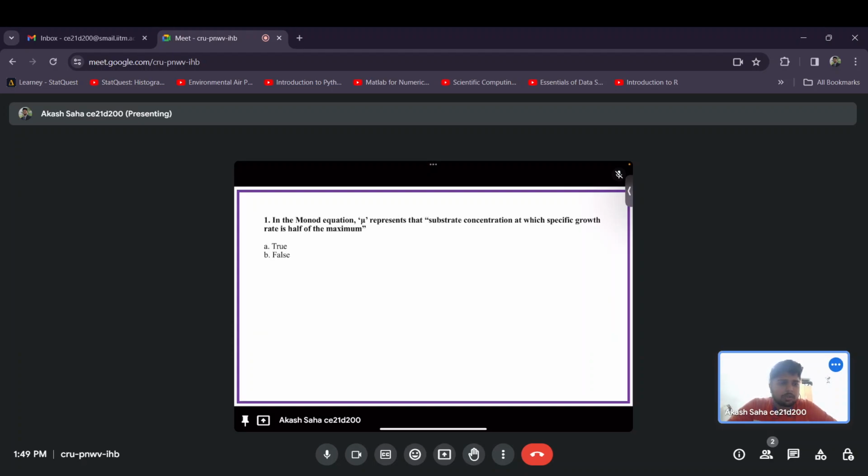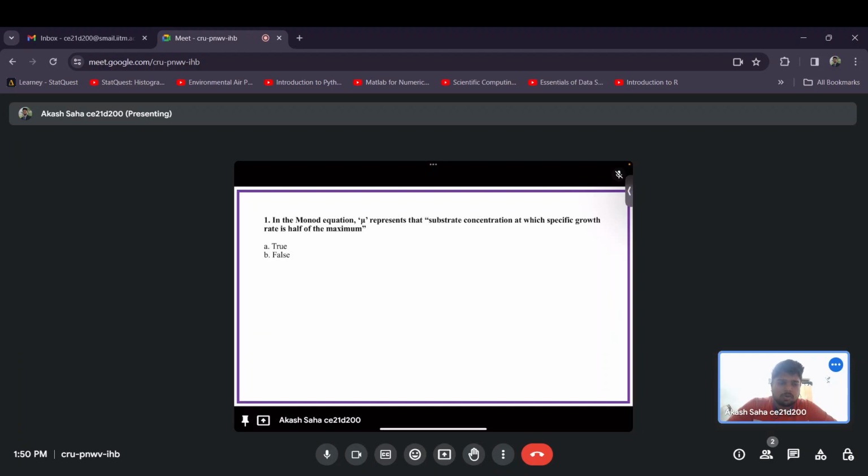So here we are talking about the Monod equation. If you try to recall the Monod equation, it is something like mu is equal to mu max into S divided by Ks plus S, where S represents the substrate concentration and Ks is the half saturation constant. But here we are talking about mu.